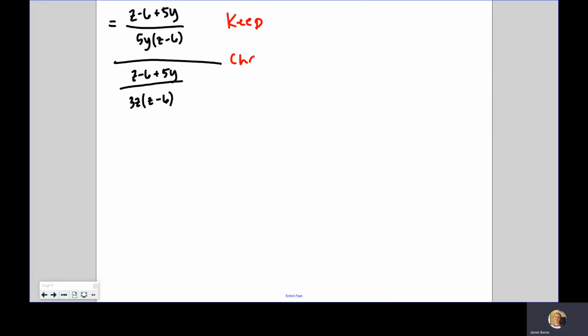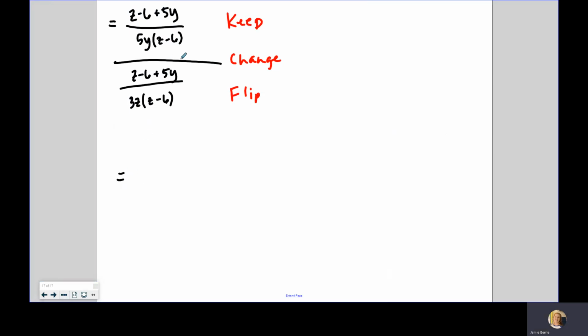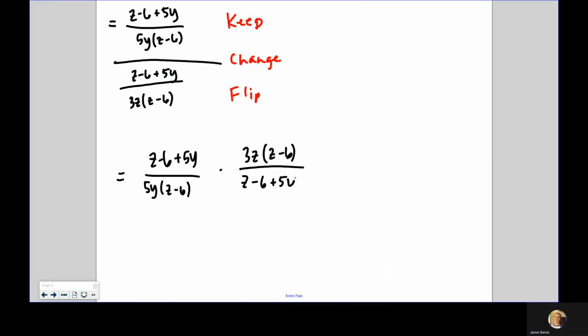Keep the first fraction the same, change the operation to multiplication, and then flip the second fraction. So that's 3z times z minus 6 over z minus 6 plus 5y.